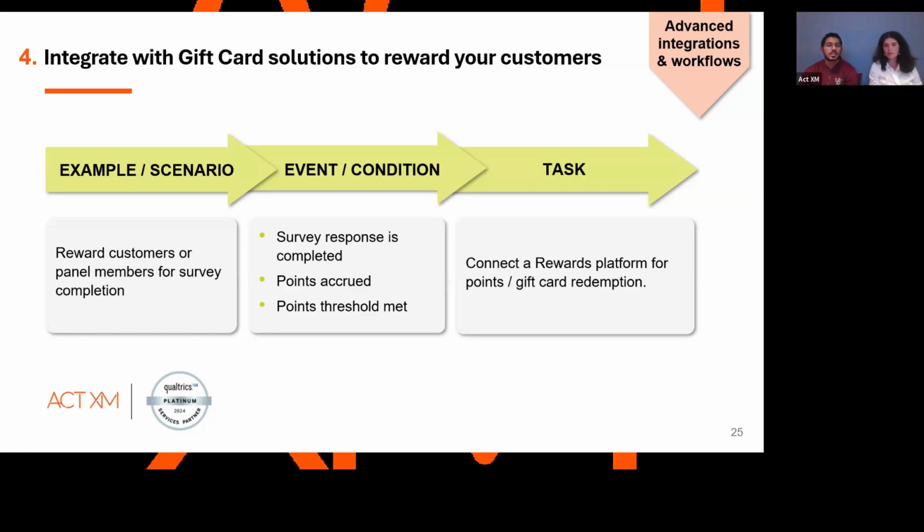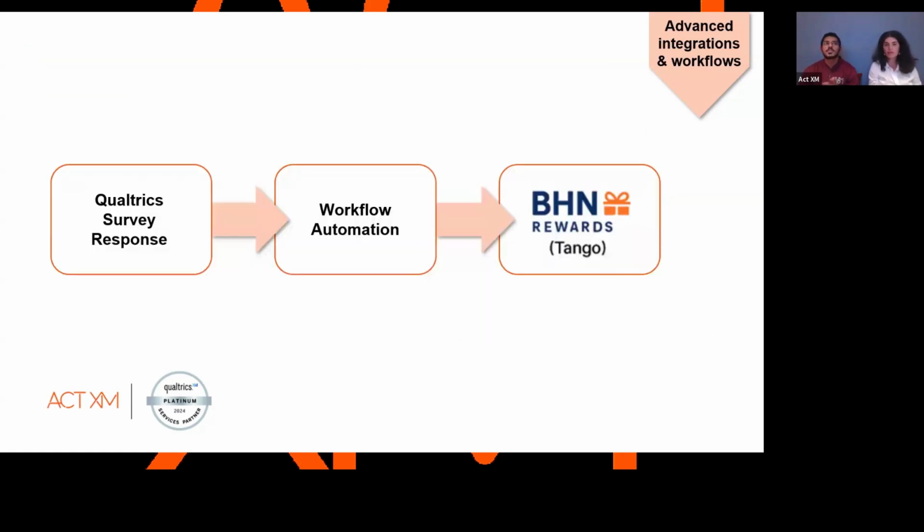Yeah, that's right. So we have some out-of-the-box options available for the gift card. One of them is the BHN rewards, which is also called Tango. The Qualtrics to BHN rewards integration simplifies the process of rewarding survey participants without needing custom APIs. However, there are other platforms as well, which we can integrate with Qualtrics with the help of a custom API.